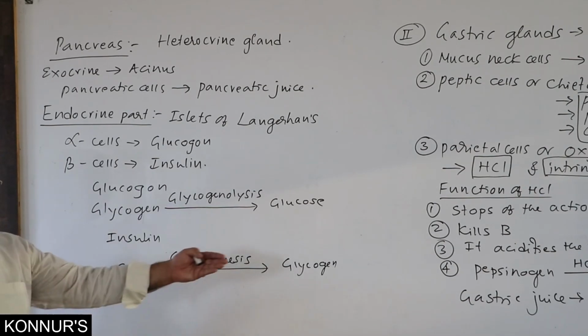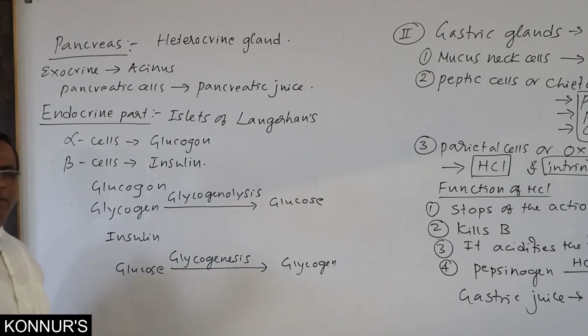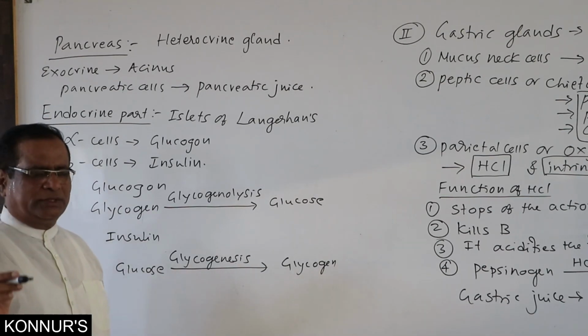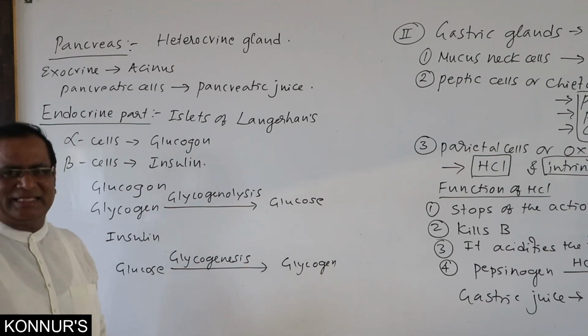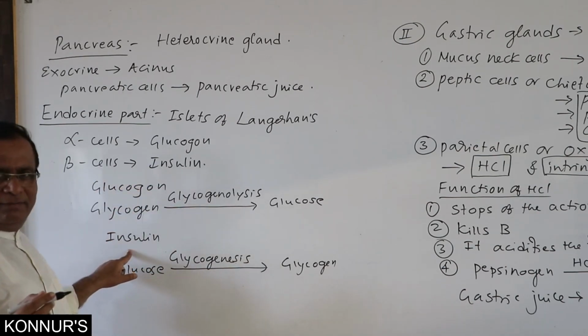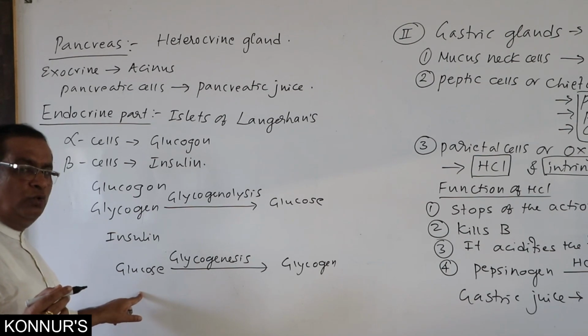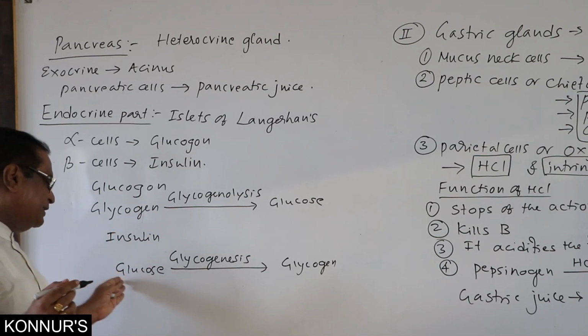Glycogenesis, formation of glycogen. When does it happen? When the blood glucose level is more than 120 mg per 100 ml of blood, it is excessive. Beta cells produce insulin. Through the blood they go to liver and convert that excessive glucose into glycogen.